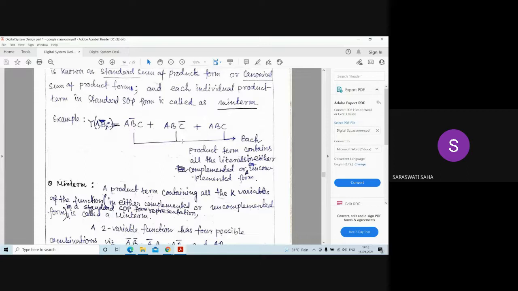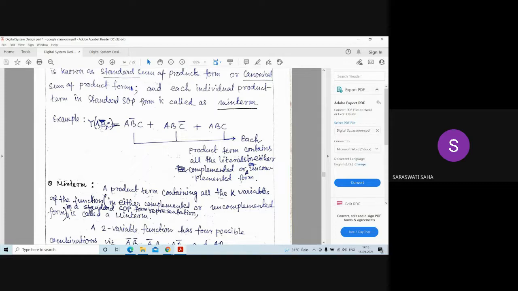When it is in standard form, each product term contains all the Boolean variables, either in normal form or in complement form, then it will be in standard form. Clear? Yes, ma'am. I am explaining again.